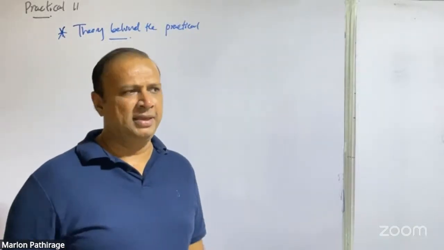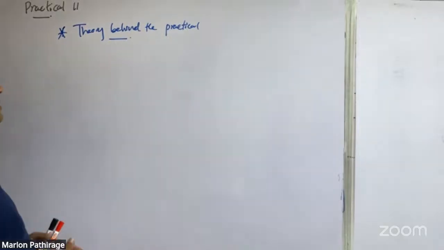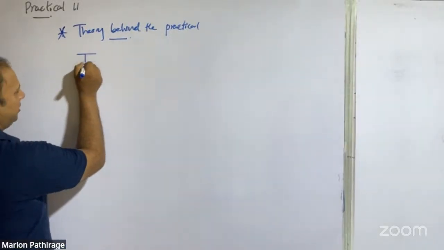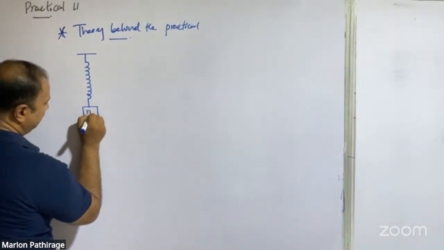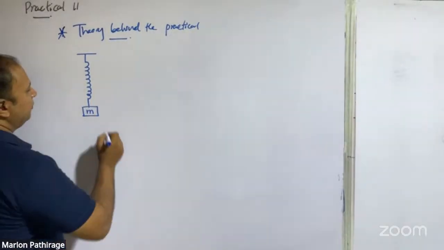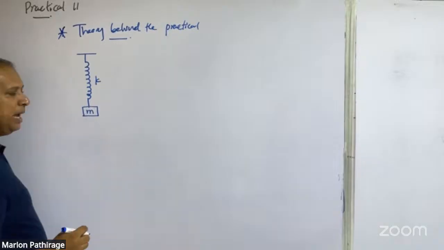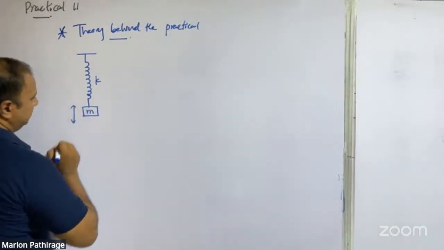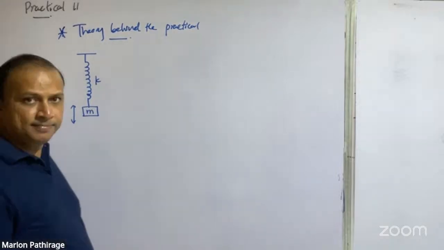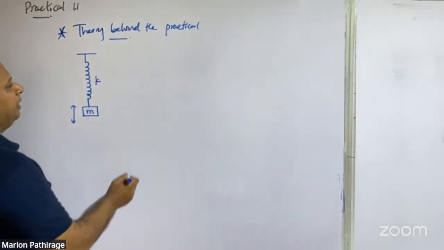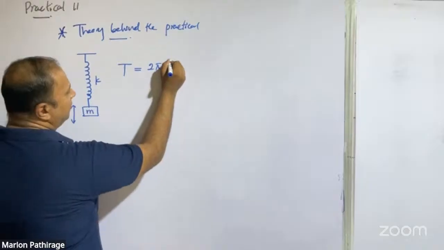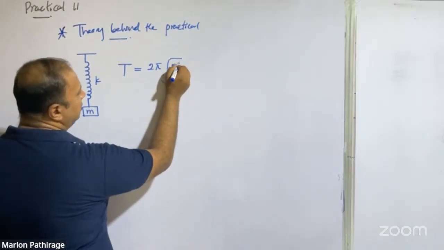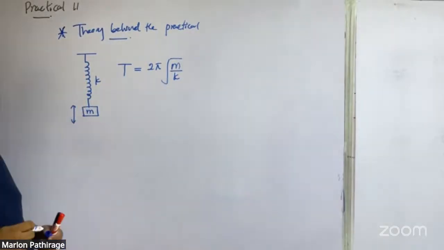If we suspend a mass by a helical spring with a spring constant of K, and we oscillate it, the period of oscillation is equal to 2π square root of m over K. Correct.